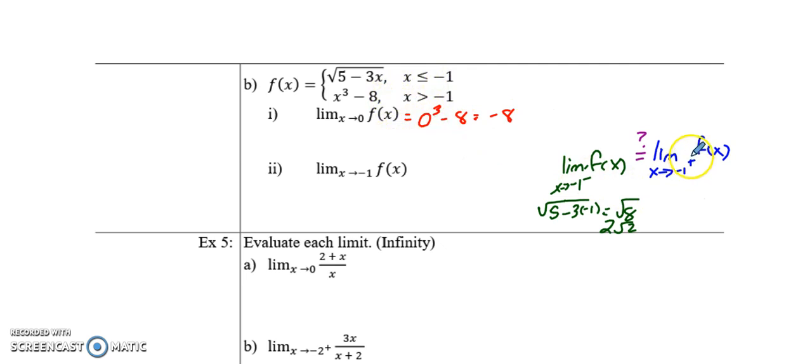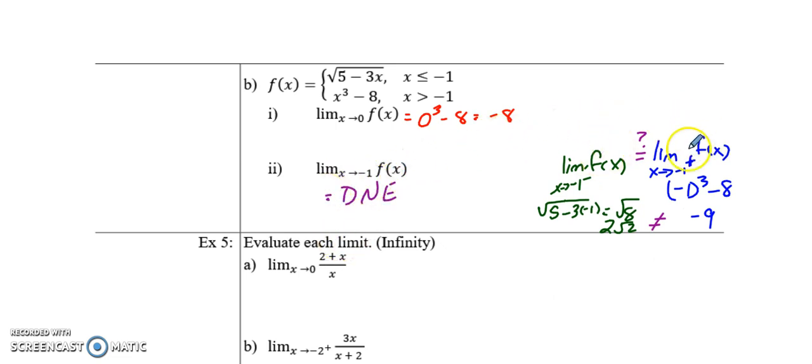Again, we're on the right, the positive side of -1, so -1 cubed minus 8 gives us -9. Are those two equal? Nope. So this limit does not exist.